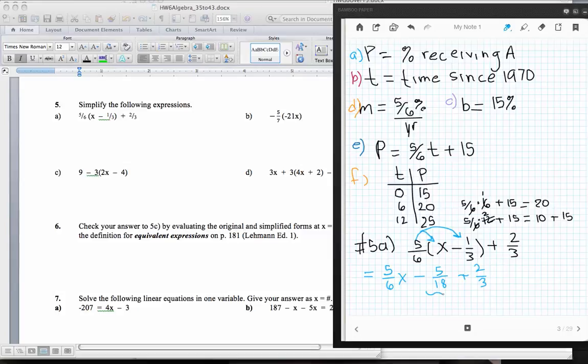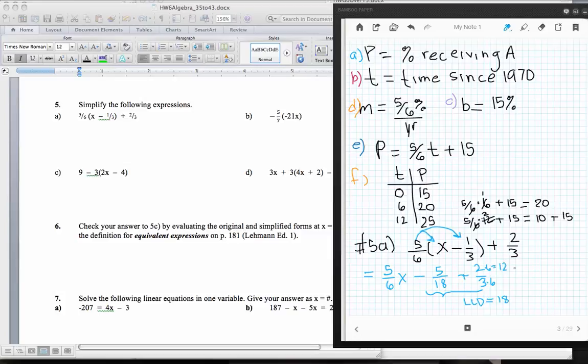Now these two are like terms, so I'll have to add them. So I'll have to have a common denominator between 3 and 18, and that LCD is just the 18, since 3 is a factor of 18. So 18 is my LCD. So I'm going to multiply the denominator by 6 to make that 18, so I have to do the same thing with the numerator. So that's going to give me a 12 up here in the top.